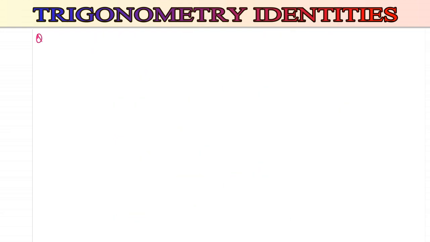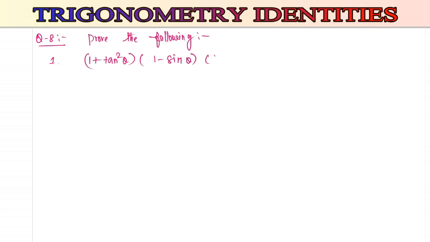Okay, now we'll move to the next one. Question number 8. Prove the following. The first one: 1 plus tan square theta into 1 minus sin theta into 1 plus sin theta is equal to 1. We have to prove. I am going to take the LHS part.